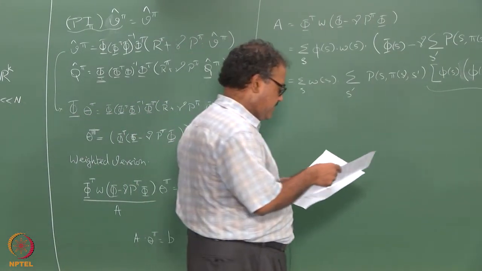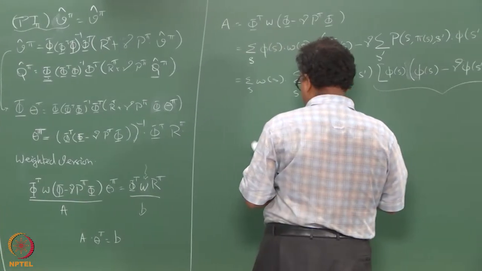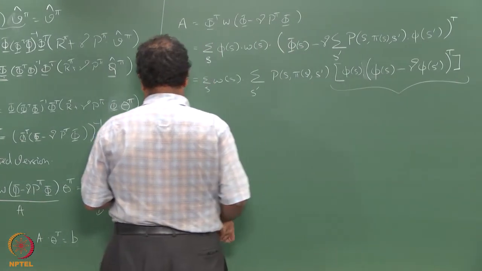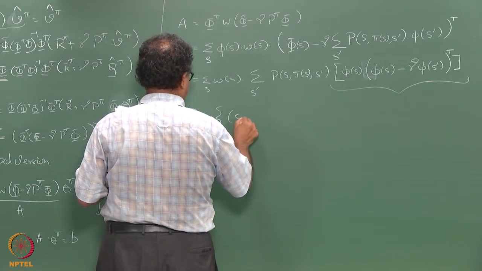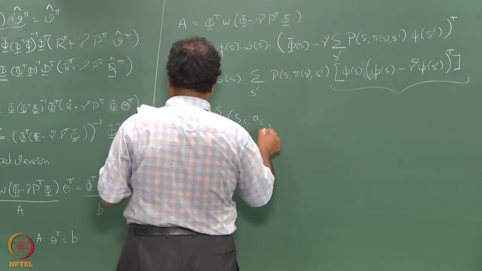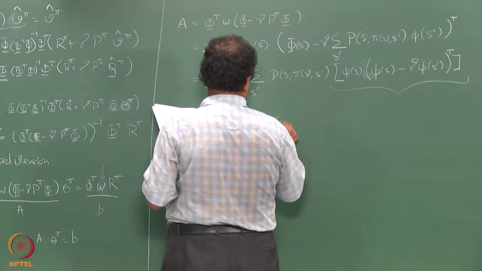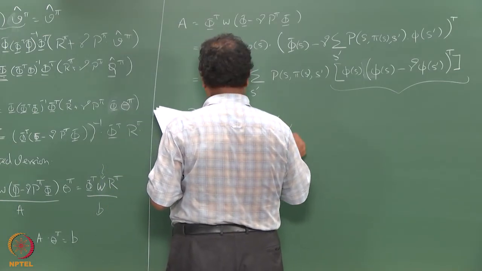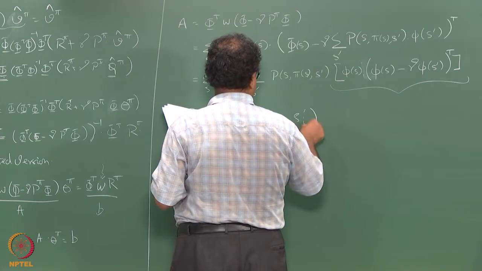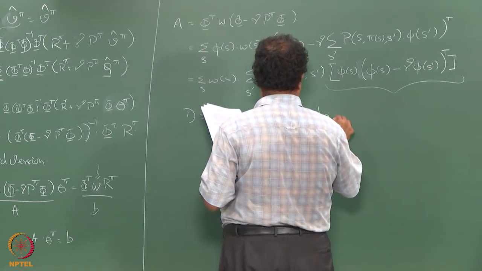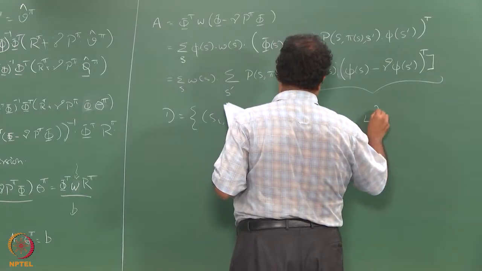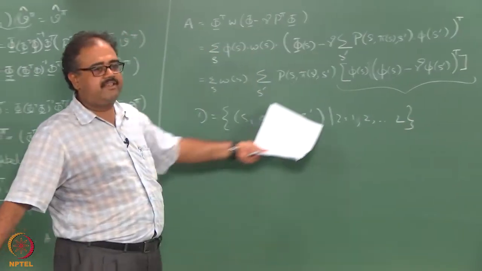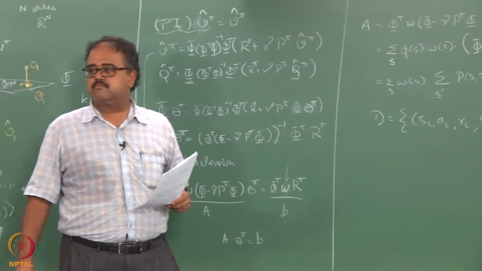So what I can say is, given a set of samples of the form, I am going to get L such samples of this form.